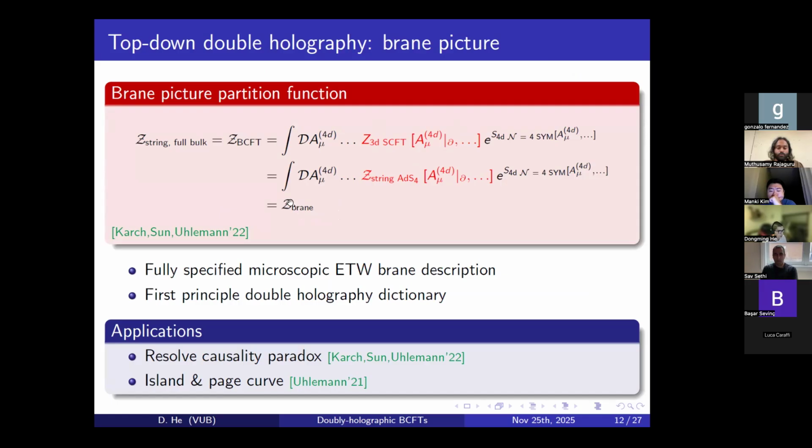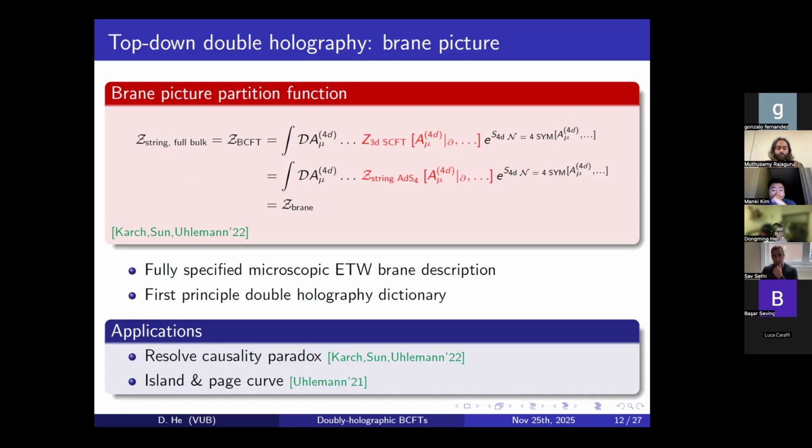And in a sense, we have Z equals Z equals Z. So we have specified the action for the end of the branes, and we have also specified the dictionary of double holography. And as applications, this prescription can resolve the causality paradox that I talked about, but I will not introduce the details here. And we can also perform the island and the Page curve computations in the top-down setup and get similar results as in bottom-up models.